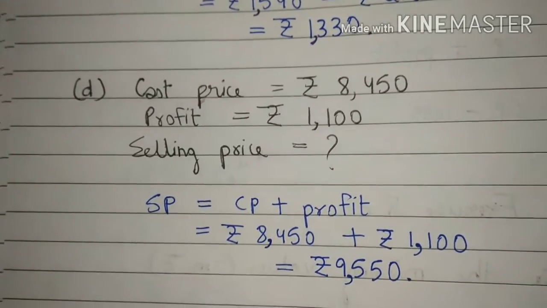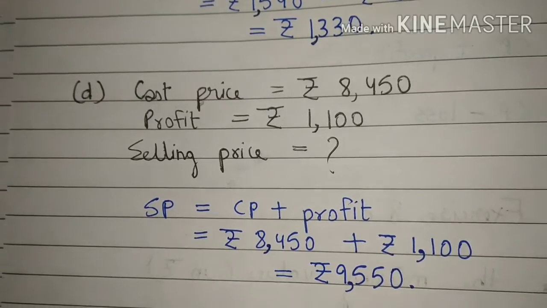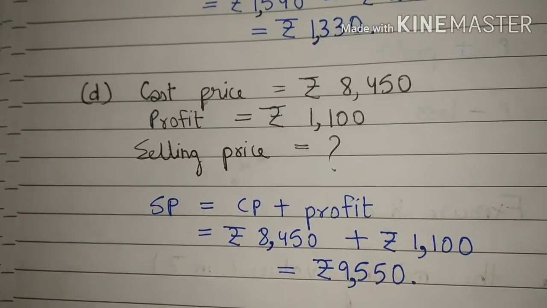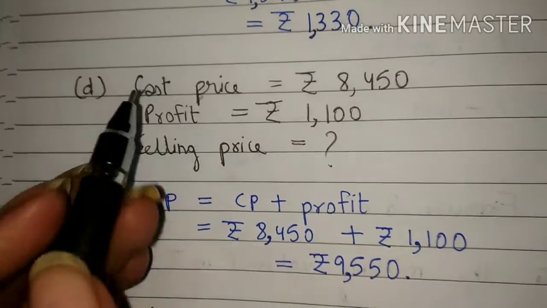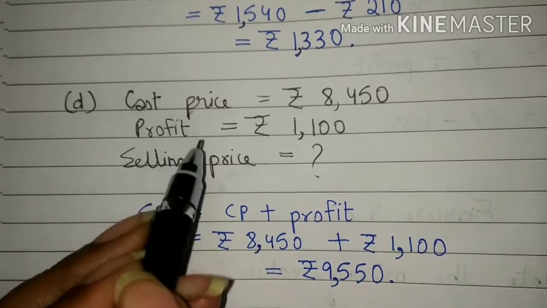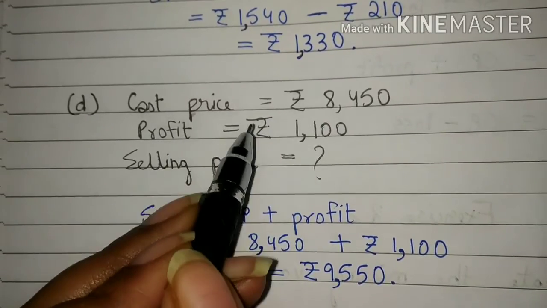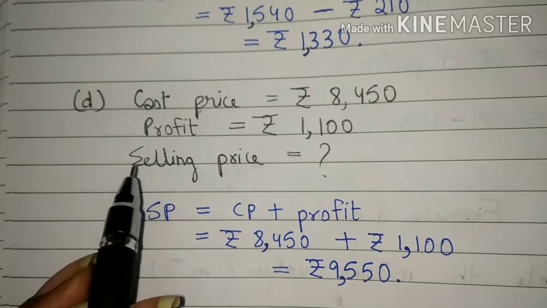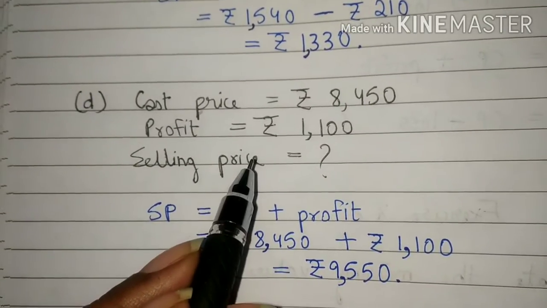Students, I have told you that when we are earning profit, it means we are not suffering loss. Students, here profit is given. It means we don't have to find out loss. In this, we only have to calculate selling price.